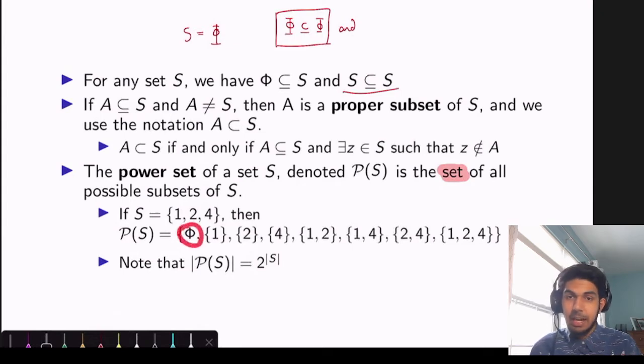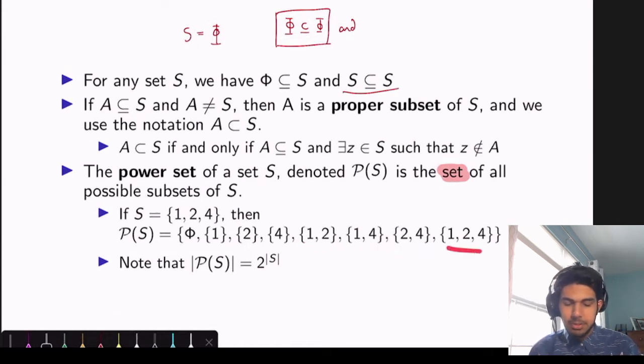So first remember the empty set is a subset of S. Then we have the set containing only the element 1 because this is contained in S. Then the set containing 2 and the set containing 4. Those all work. Then we move on to 2 element subsets: {1, 2}, {1, 4}, {2, 4}.